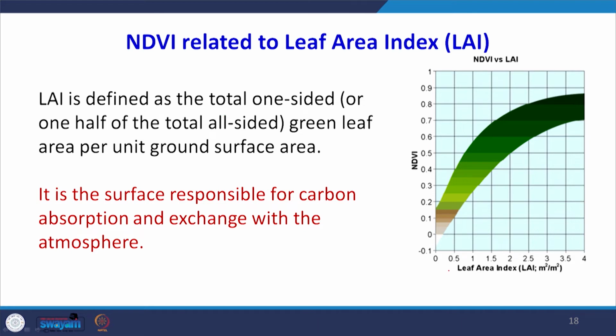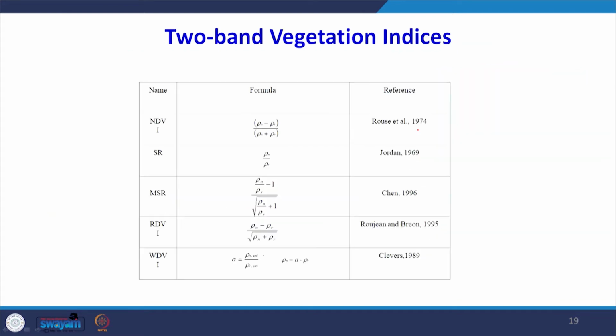As you can see in the diagram, leaf area index is plotted on the x-axis and NDVI value on the y-axis. So the higher the NDVI value, the higher the leaf area index, and this is basically responsible for carbon absorption and exchange with the atmosphere. That is why determination of the leaf area index is also very important.